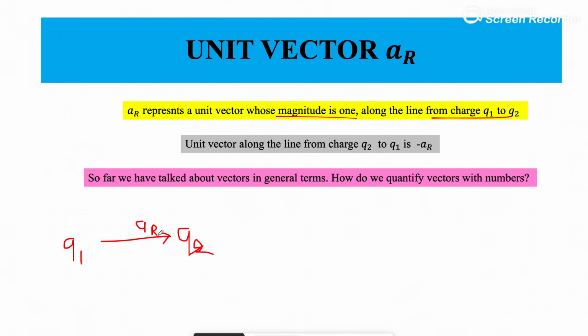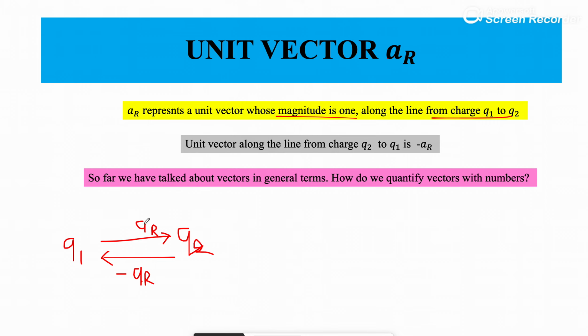Now the unit vector along the line from Q2 back to Q1 will be minus aR. So it will simply be the negative of aR.